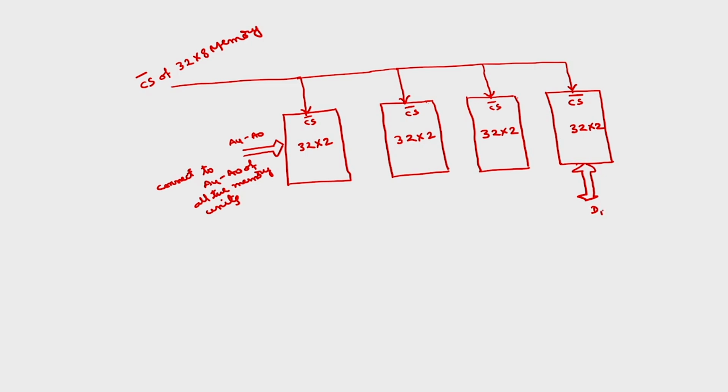D1 to D0, MSB and LSB. First you have to represent MSB and then LSB. This will give D3 to D2, this will give D5 to D4, this will give D7 to D6.